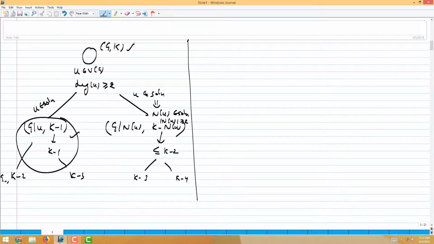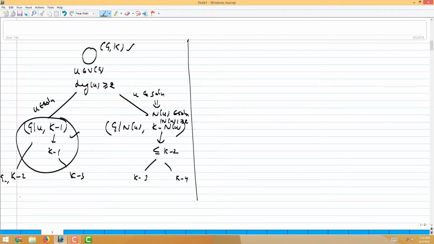every time I find a vertex of degree at least 2 and branch on it, right? What happens if I'm unable to find a vertex of degree at least 2? How will a graph which has no vertex of degree at least 2 look? It will just have edges.